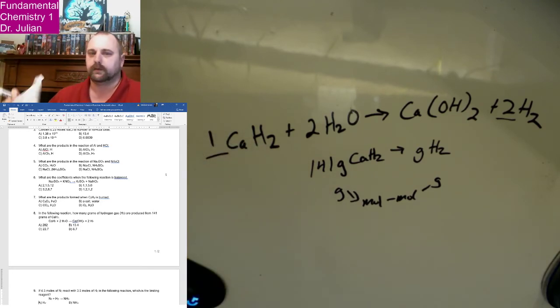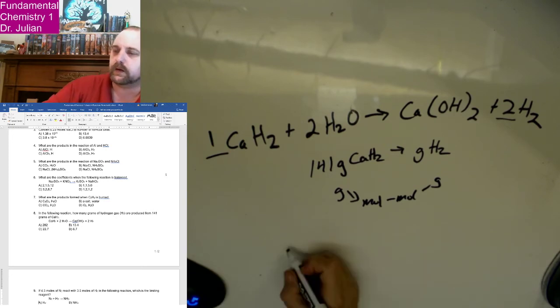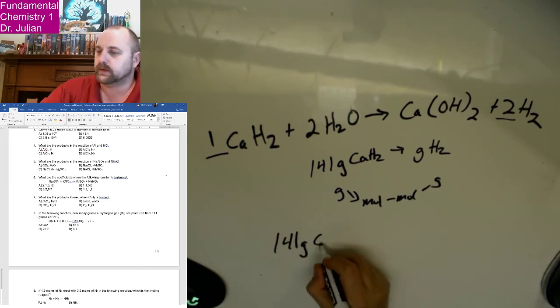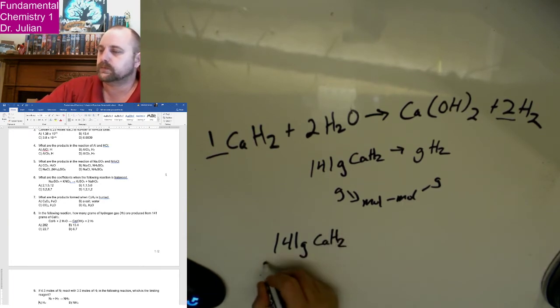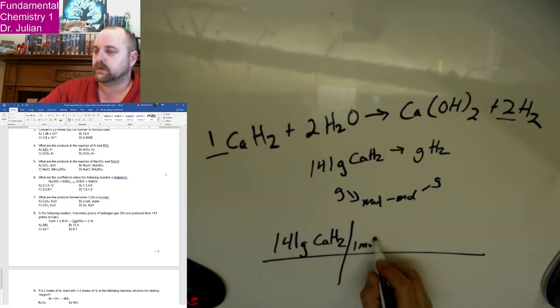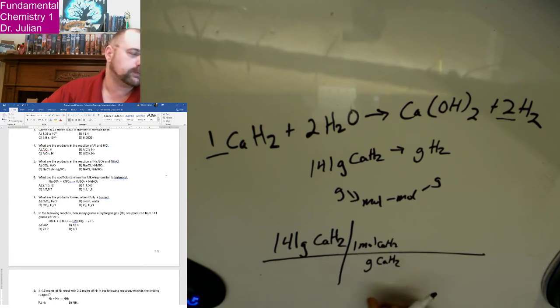So I'll need this one and this one, which is an understood 1. All right. And so let's set that up. So we're going to start with our 141 grams CaH2, 1 mole CaH2 is so many grams of CaH2. Calcium is 40.08.